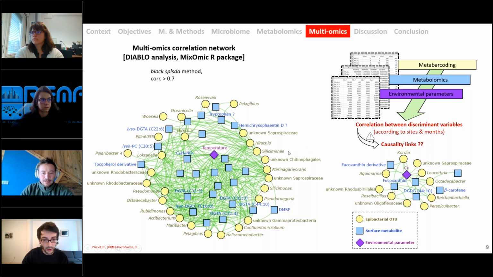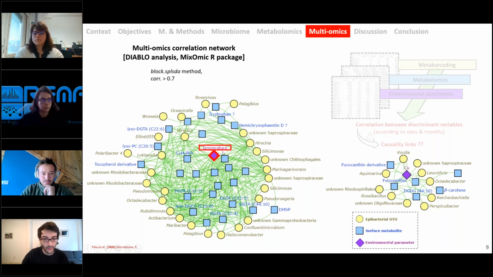So when we go into the first cluster on the left, we find first the temperature. Associated to this temperature, we can also find all the membrane lipids, the DGTA, and we can find the Roseobacter taxa, which are known to use the DMSP as a source of carbon and sulfur. And this DMSP we can also find in the cluster.